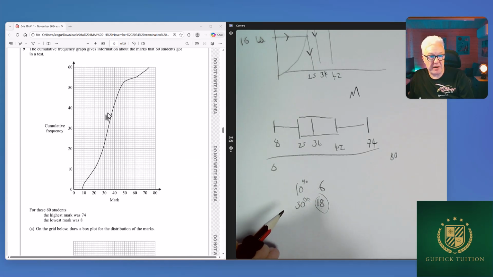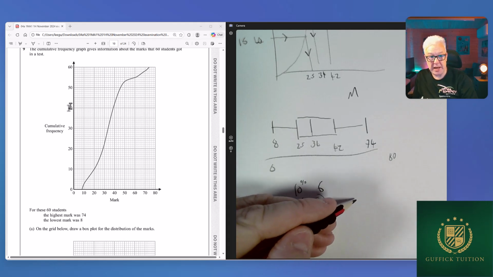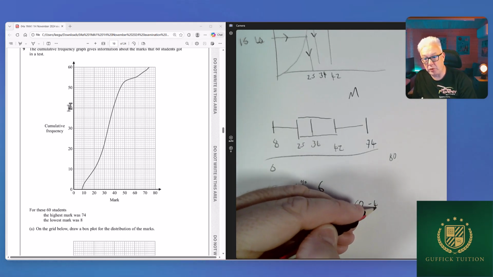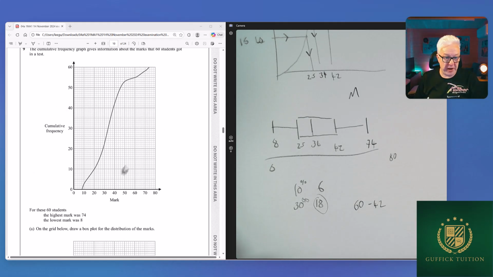So let's see whether the graph supports that. If the pass mark is 40, I draw a line going up there at 40 and I go across there, I get 42. So the number of people who pass the test is going to be 60 students minus 42, because I'm going up at the pass mark.